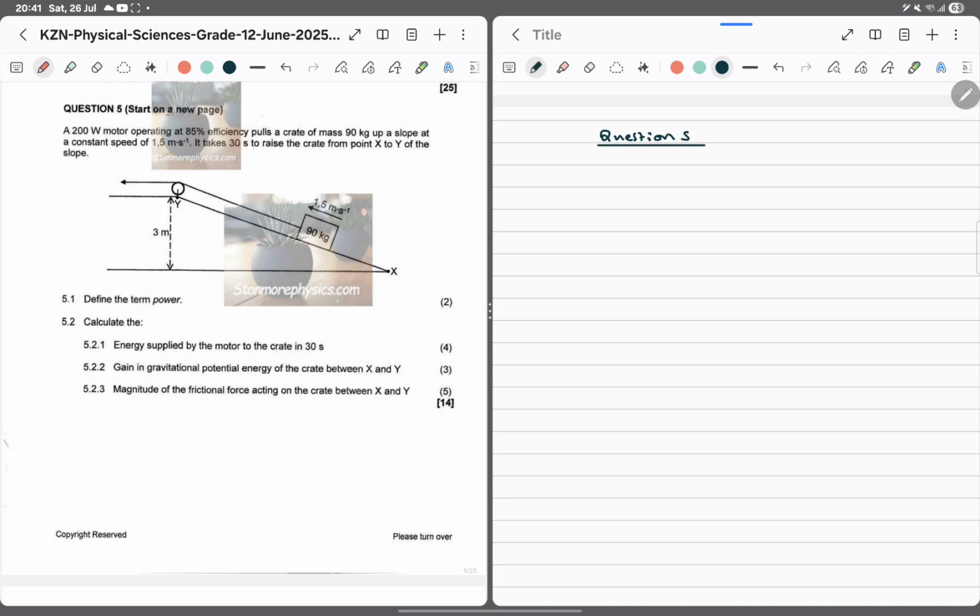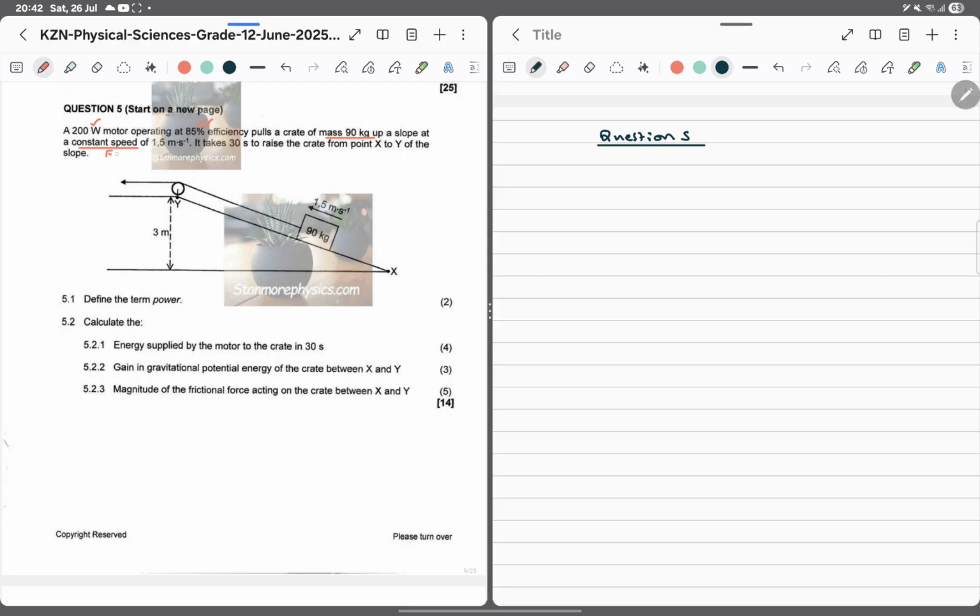So question 5 says a 200 watt motor operating at 85% efficiency pulls a crate of mass 90 kilograms up a slope at constant speed of 1,5 meters per second.